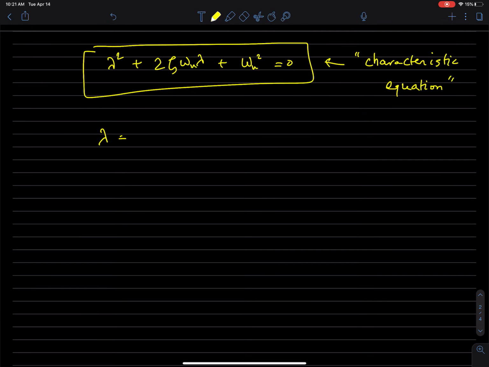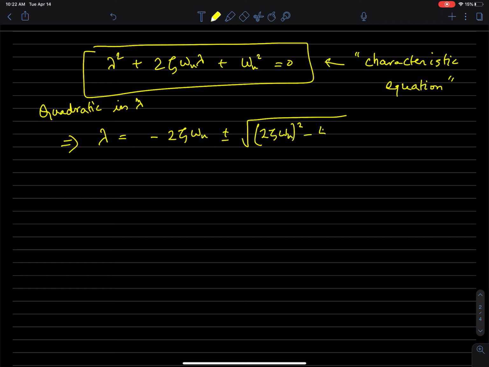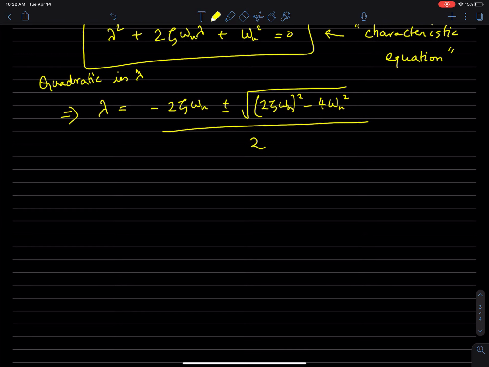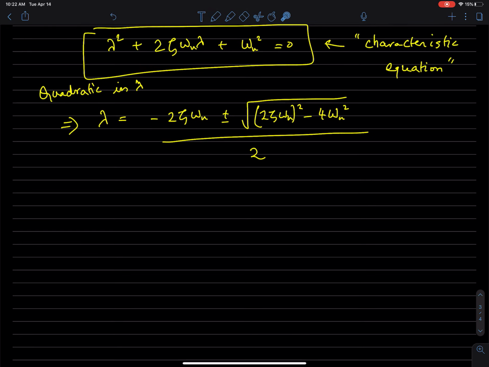And we can solve this characteristic equation. It's just a quadratic equation in lambda, which implies lambda equals minus, plus minus square root of, okay, so we just use the straight quadratic formula, and this is what we get.